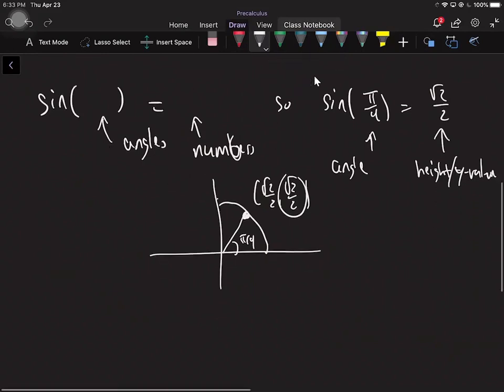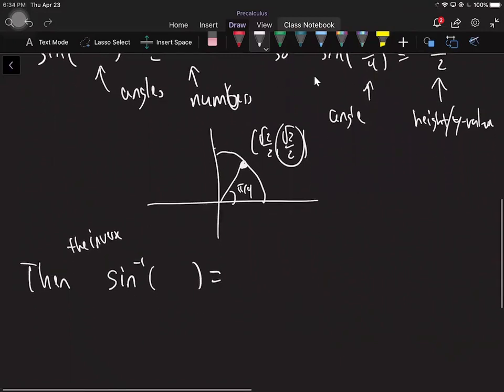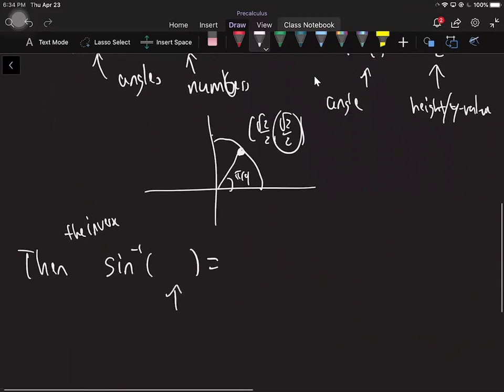So then the inverse function, which we write with a sine and the little negative 1 here, what should it do? Well, it's supposed to do the opposite. So it should have a number plugged into it, but really a y value or a height.